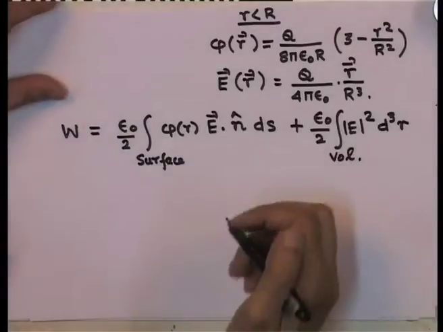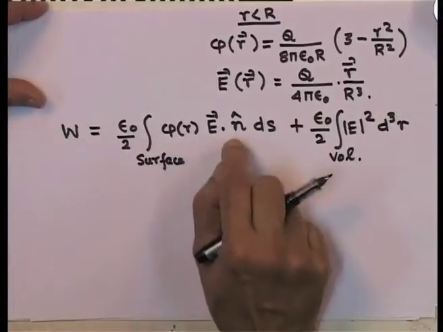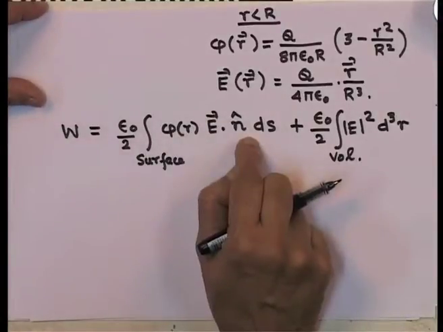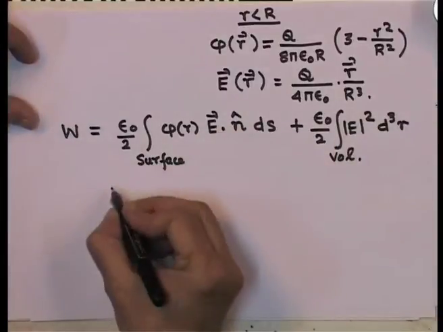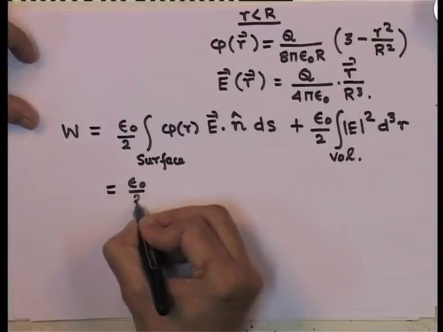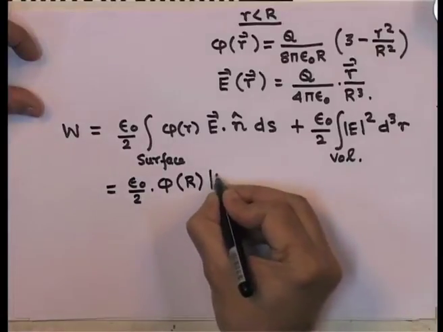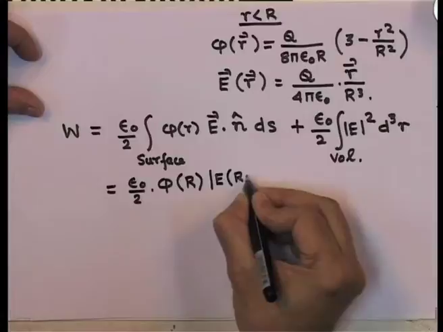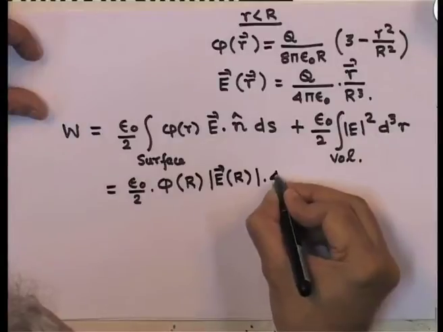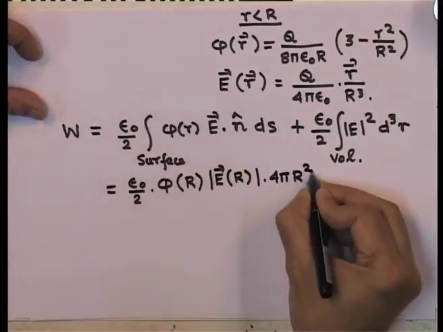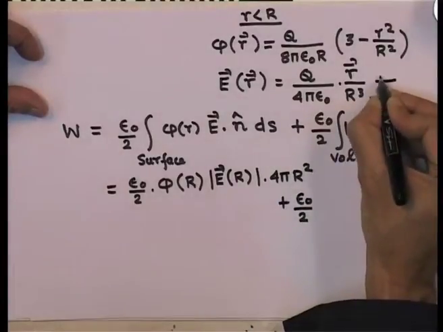Now, notice that in this expression, I need the values of quantities on the surface, and the electric field is directed along the normal because I have a sphere. So, as a result, this term is epsilon 0 by 2 phi on the surface, times the magnitude of the electric field on the surface, times the surface area, which is 4 pi R square, plus epsilon 0 by 2, and this is the integral only of this part.